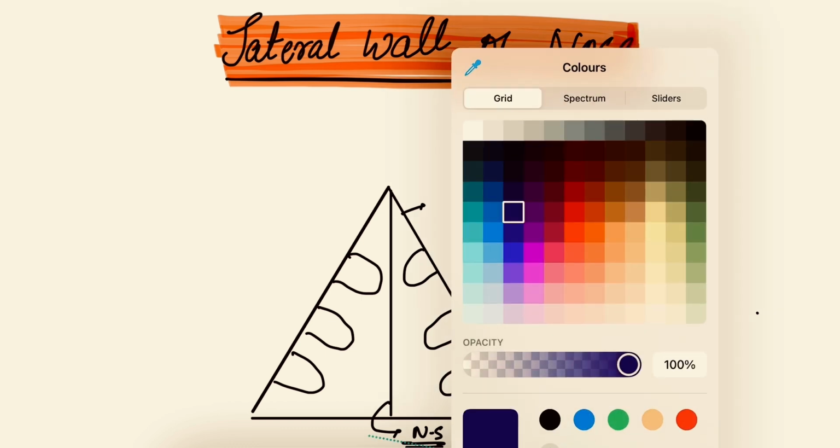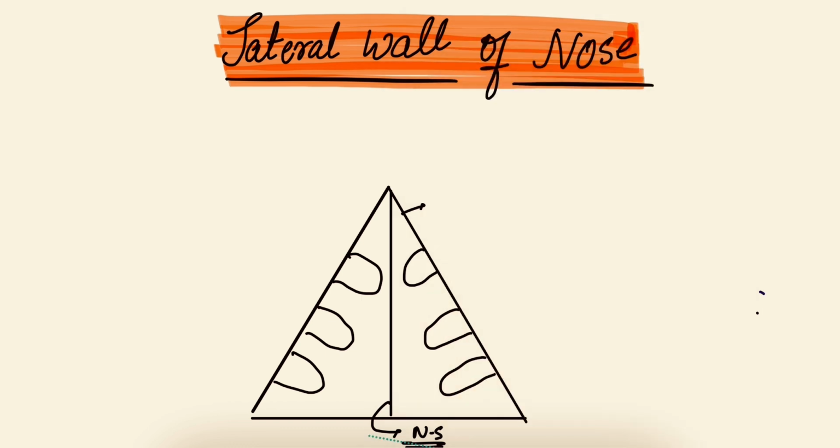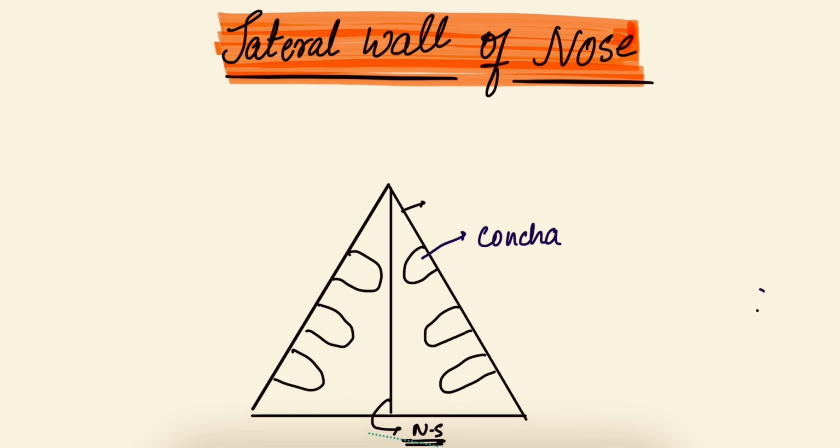Now let us begin with structures. The lateral wall is projecting some bony prominences inside the nasal cavity. These bony prominences are called the concha, and you can see there are three conchae.